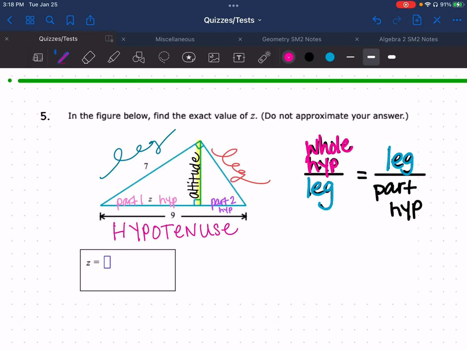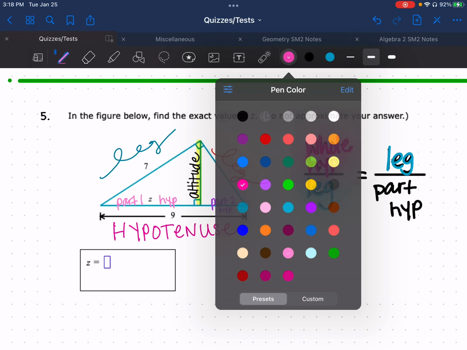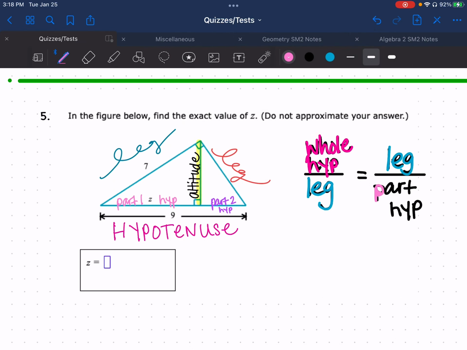And the part that I need is either going to be this part or that part. And notice that they gave me this one, so I'm going to use part 1. So let me go ahead and grab that light pink. I'm going to do part 1 of the hypotenuse.